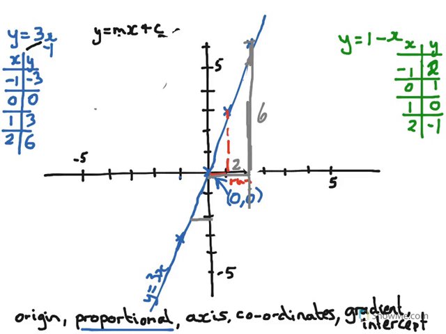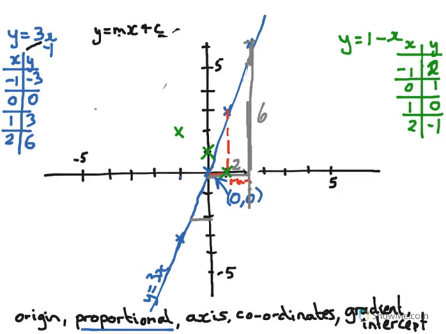So now we have the coordinates for the graph y equals 1 minus x, so we have to plot it. At the point x equals minus 1, y is 2. At the point x equals 0, y is 1. At the point x equals 1, y is 0.